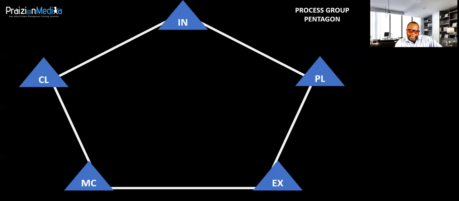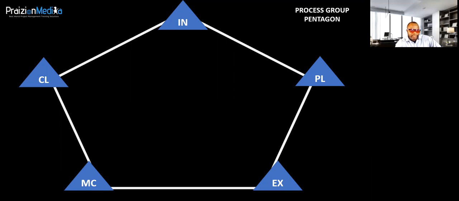Taking a look at the Pentagon here, we have the 5 process groups, and we are going to start off with initiating. Now that we've defined what each one is, your next challenge is to relate them to each other. And one of the ways you can do this is by using arrows.